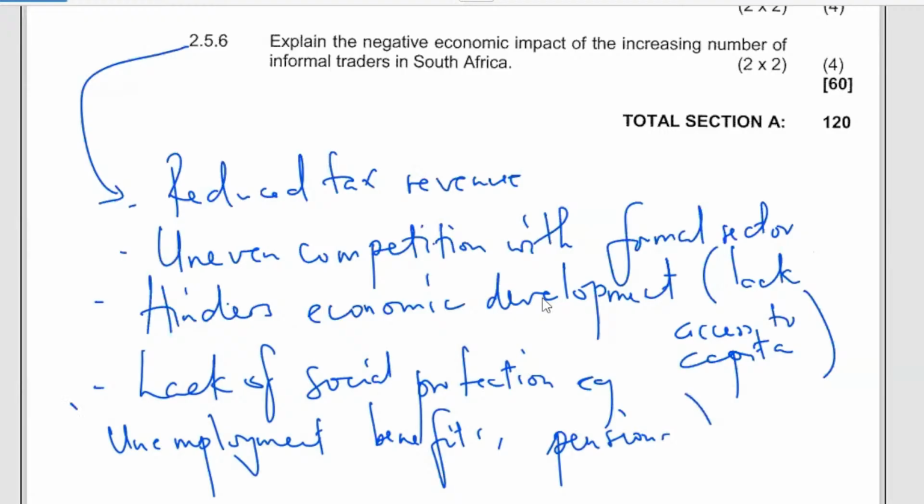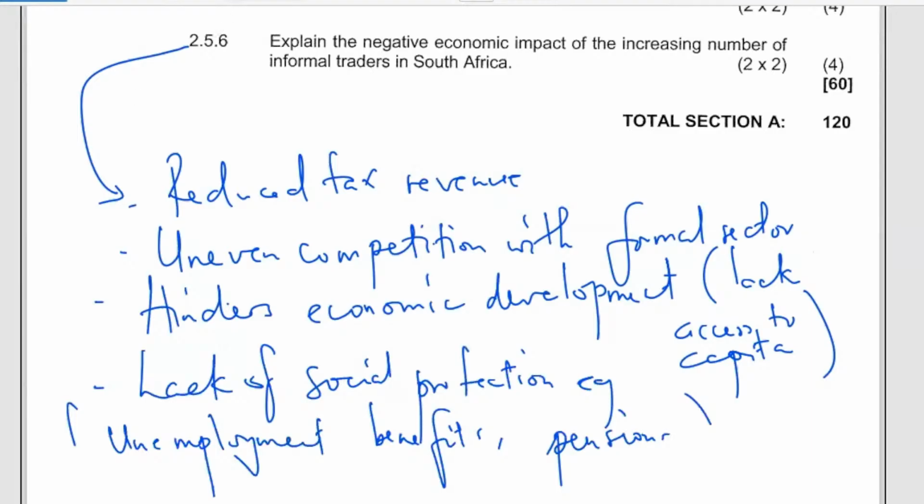They are not there in the informal businesses as they operate, so it's a disadvantage that a person works and does not get benefits intended for the sustenance of the life of an individual who was once working. Right, that takes us to the end of section A.